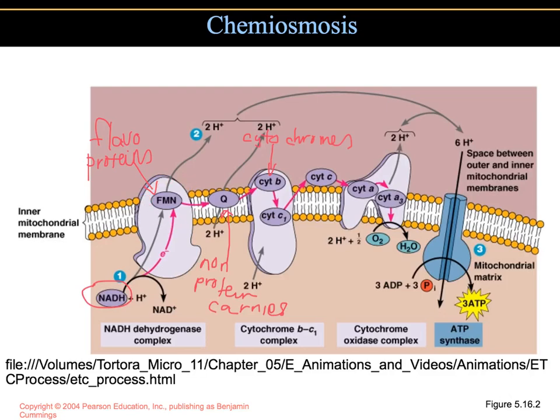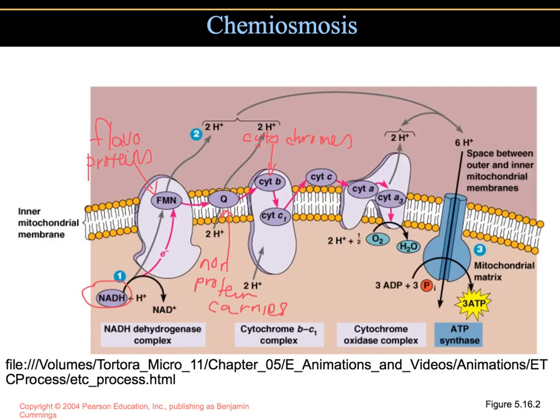So this means that the NADH is oxidized into NAD+, and because that was oxidized, and these are coupled reactions, something had to get reduced, and what got reduced would be the very first protein here. So the NADH puts its electrons onto the very first protein.